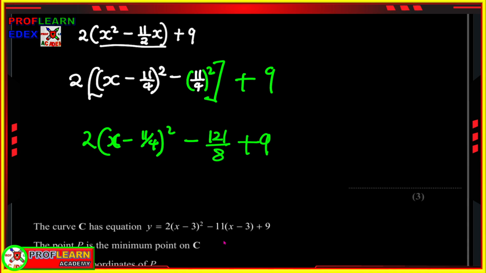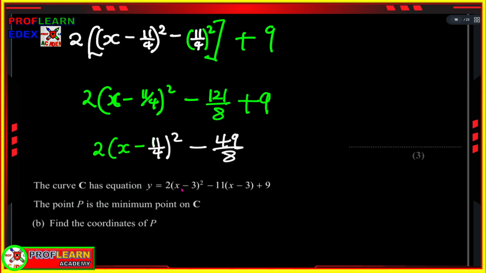If we simplify that part, we shall have negative 121 over 8 plus 9, which will become negative 49 over 8. So we shall have 2 into x minus 11 over 4 squared minus 49 over 8. That's what our answer should be after working it out.